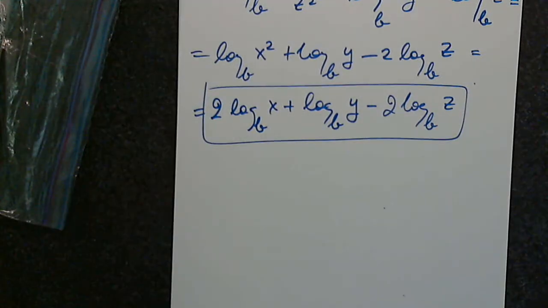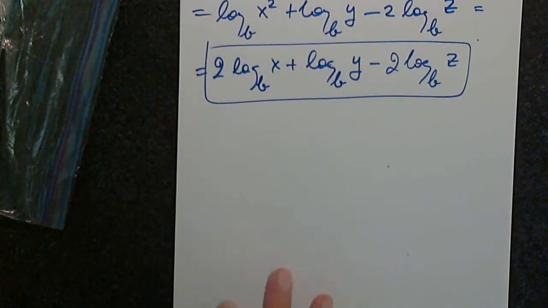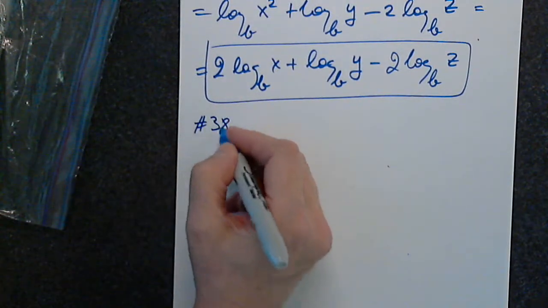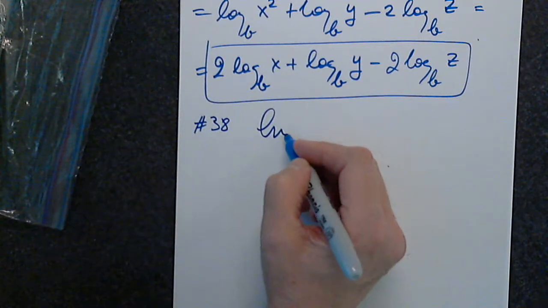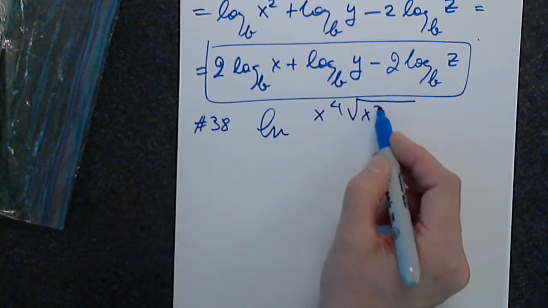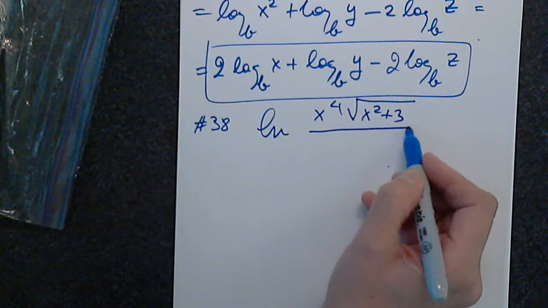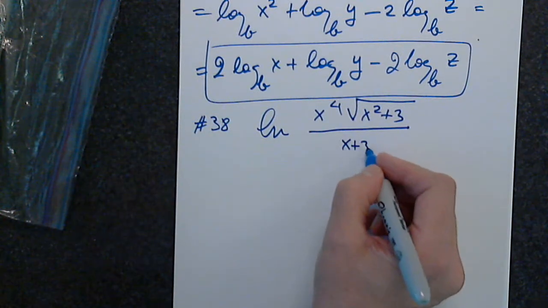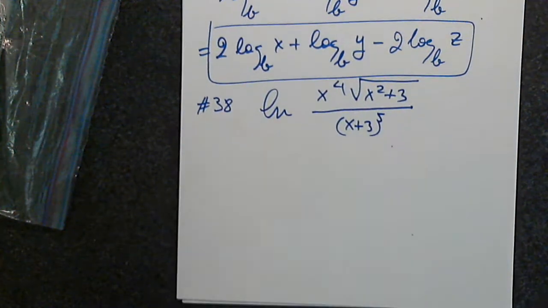But I'd like to work on one more here, at least. Is that okay? Okay, so let's look at a weird one. Like 38, same page. Natural log, x to the 4th, the square root of x squared plus 3, everything divided by x plus 3 to the 5th power. X to the 4th, yes, sorry.